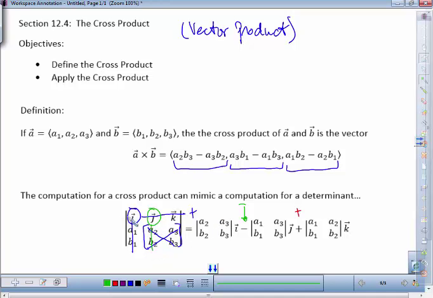Again, you cross out the row and column in which that vector belongs to. And then you're looking at the matrix A1, A3, B1, and B3, because you've crossed out the middle column. Then you take the determinant of this, it's A1 times B3 minus B1 times A3, but then you have a negative in front, and so those terms kind of switch.